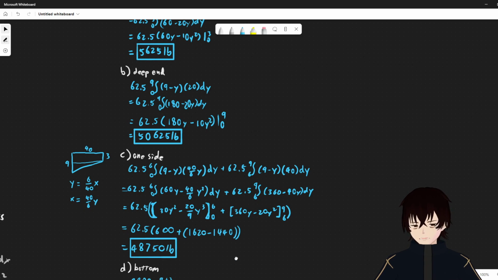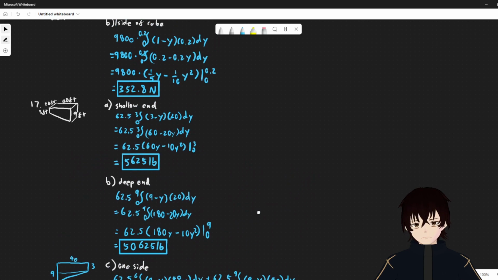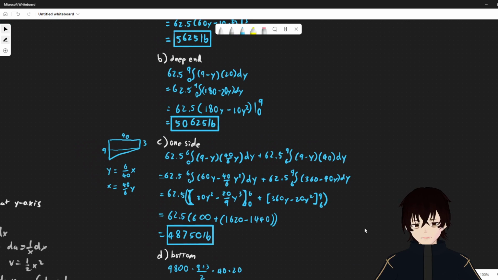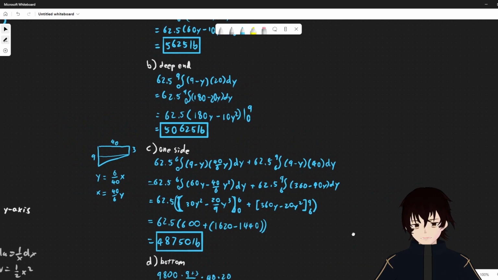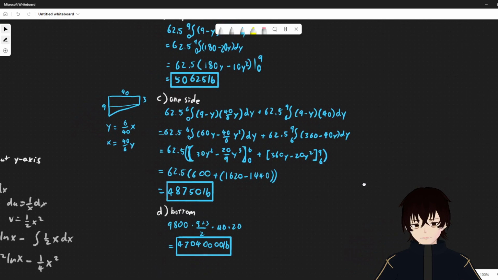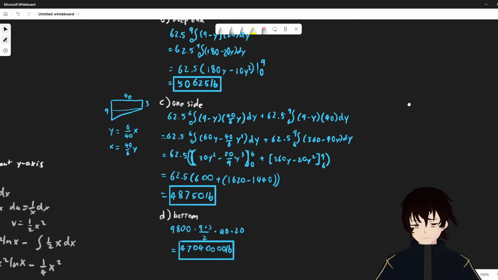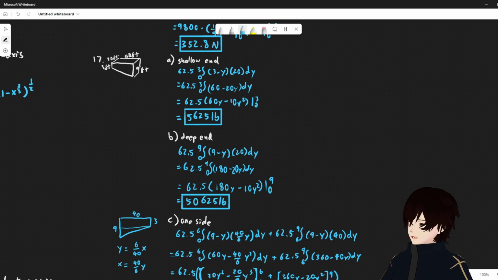Wait. How can this be? Quite frankly, I have no idea how to find the electrostatic or hydrostatic force on the bottom or top.